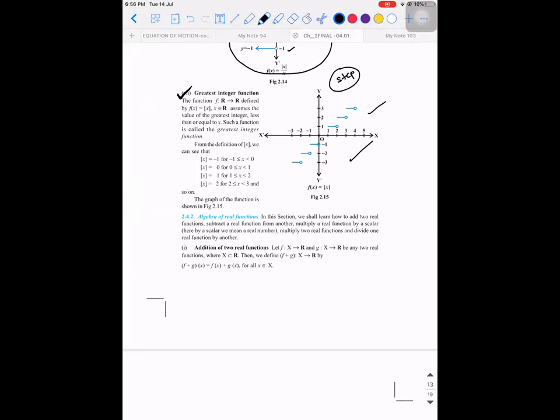That's why when you put a symbol like this, they either call it the greatest integer function, or sometimes they call it step of x. Is it clear? Yes, sir.